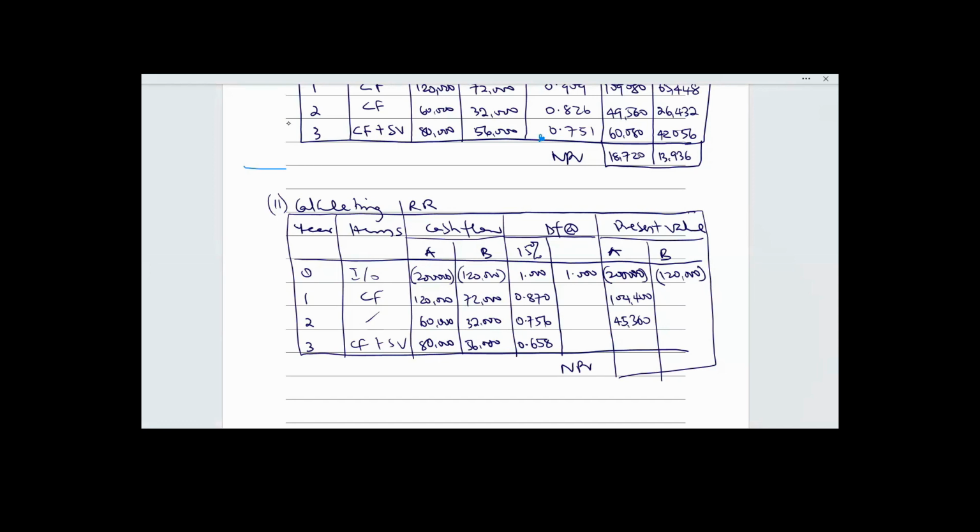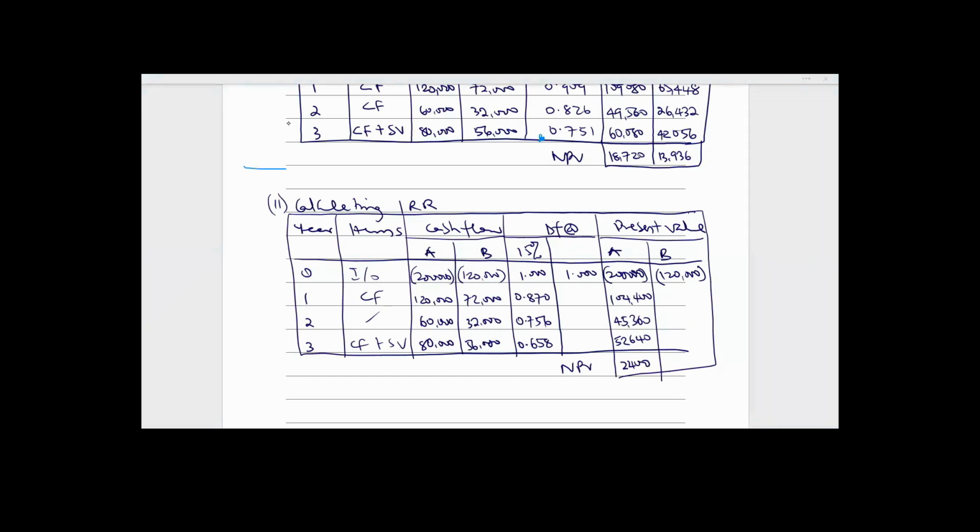Then year 3, 80,000 multiplied by 0.658 equal 52,640. 52,640 plus 45,360 plus 104,400 equal 202,400. So there's a positive NPV of 2,400. Move to the next one.